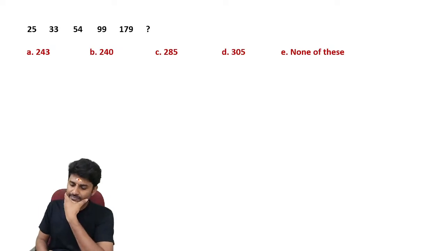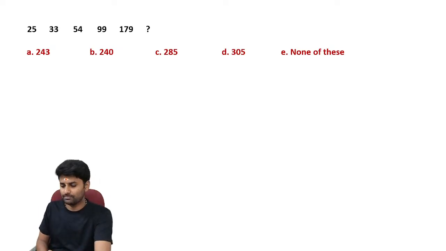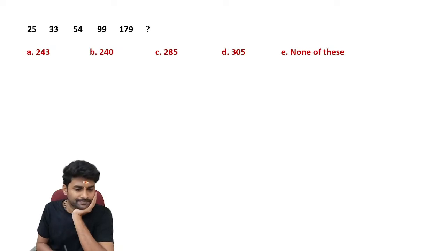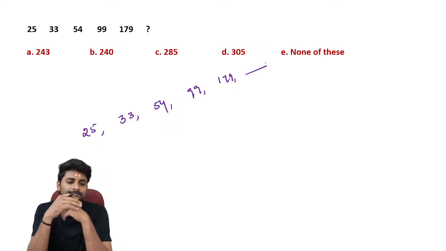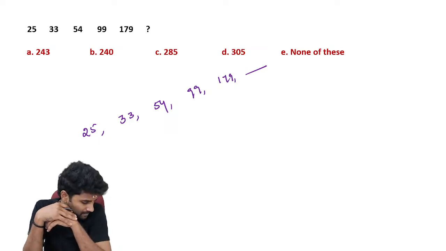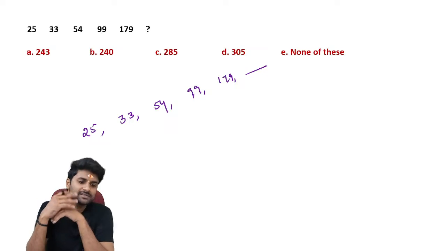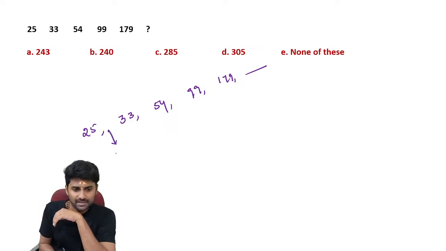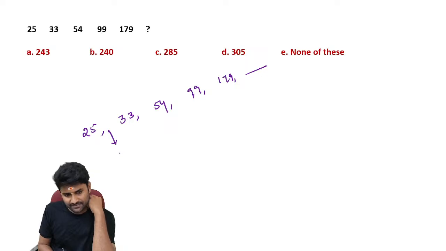We have 25, 33, 54, 99, and 179. If all the numbers are needed, you just find the difference. 25 and 33, it's a difference of 8 units. 33 and 54, difference of 21 units.